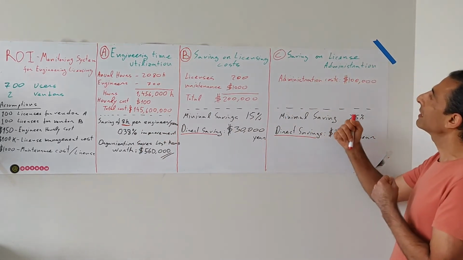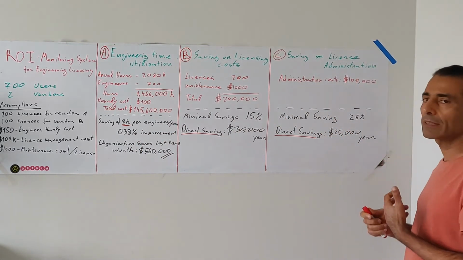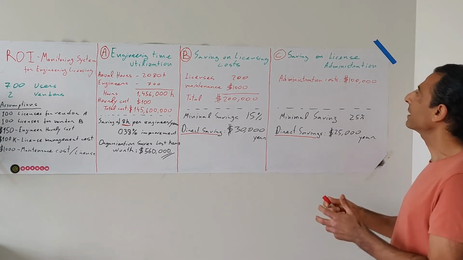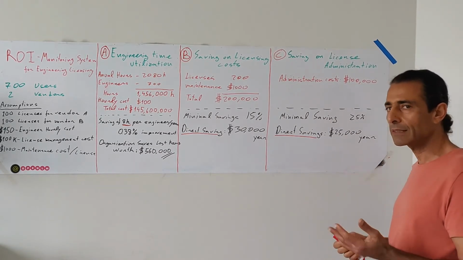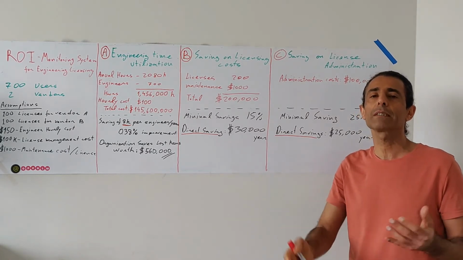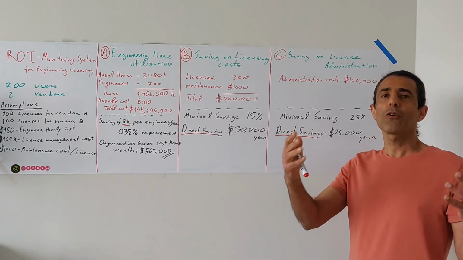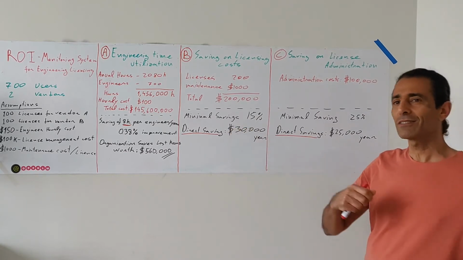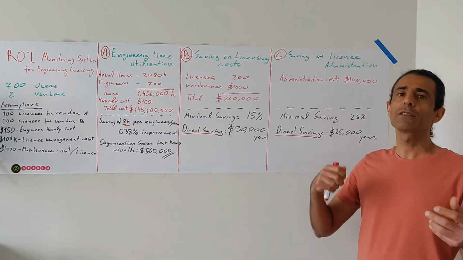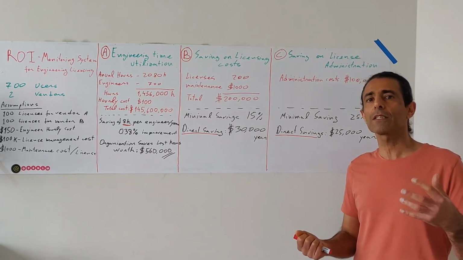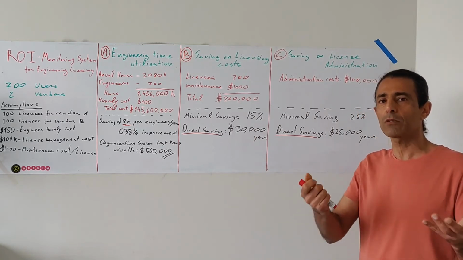Let's move on and look at the saving on the license administration. As we say, it's all the costs related to the management of the licenses. Typically, we see in most companies a person managing, running, checking what's going on, working with the departments, and doing all the administration work on the management of the license server.